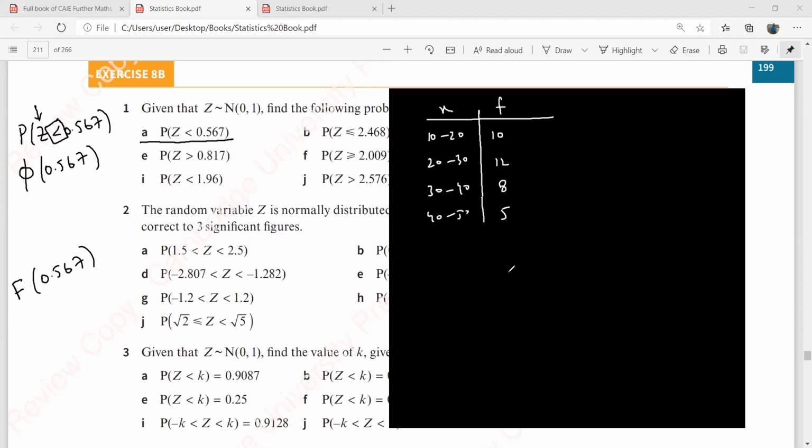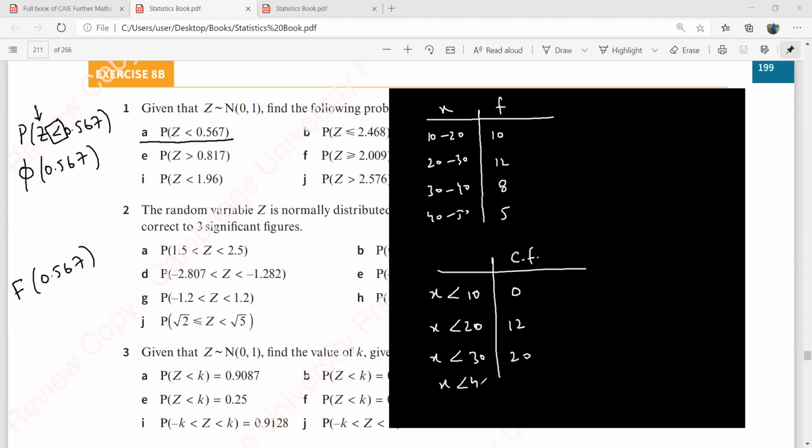Now to draw that cumulative frequency curve, you write x is less than 10, and here you write the cumulative frequency, that is going to be 0. X is less than 20, that is going to be 10. X is less than 30, that is 22. X is less than 40, that is 30.